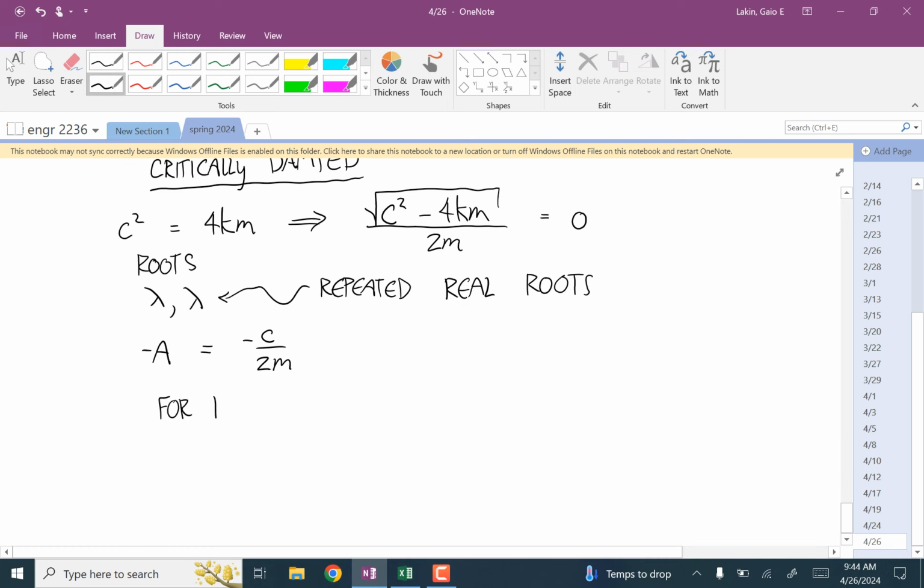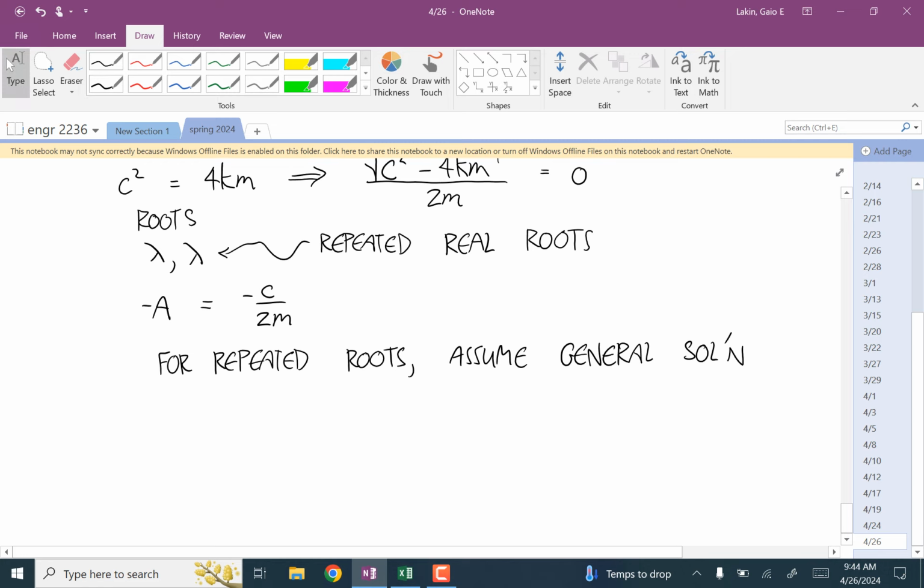for repeated roots, we're going to assume a general solution, so x as a function of time is equal to c1 times e to the negative at.